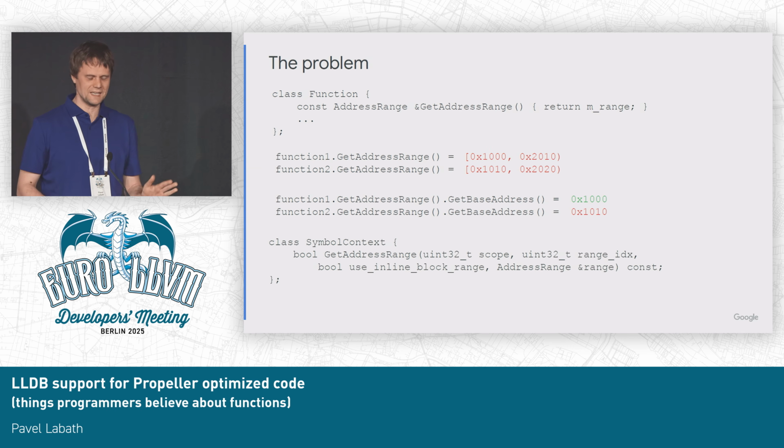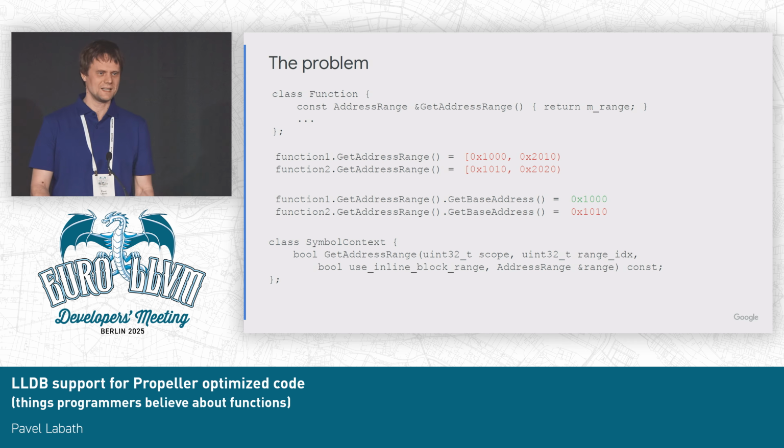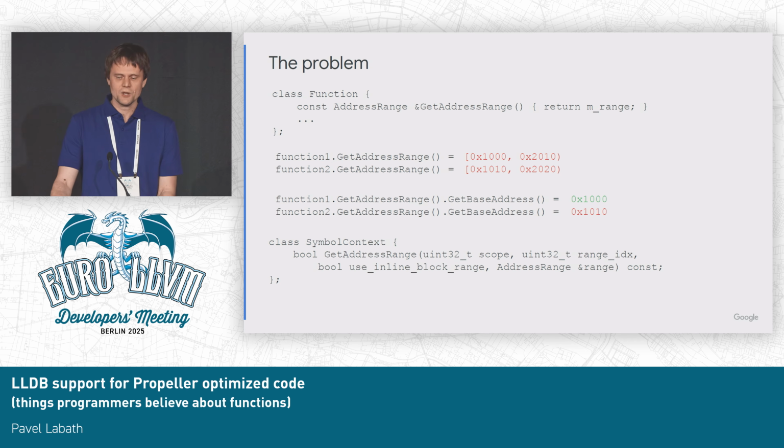Even in APIs which supposedly can return multiple address ranges, like this one here, through this range index, while it can return multiple ranges, none of the code which called it was actually using that. It just assumed that if the symbol context represents a function, it will only ever return a single range.